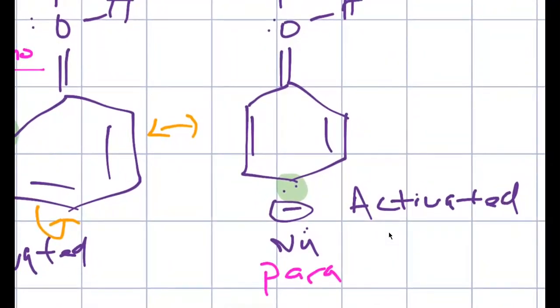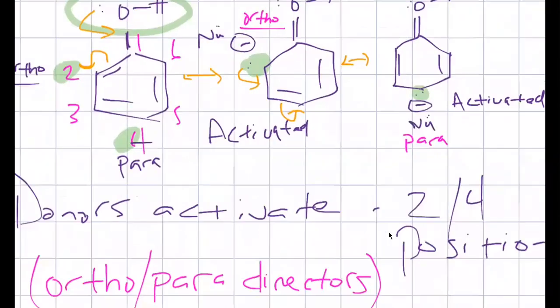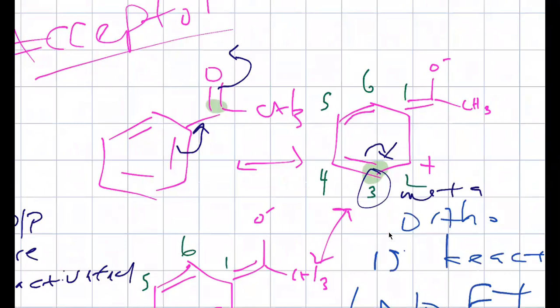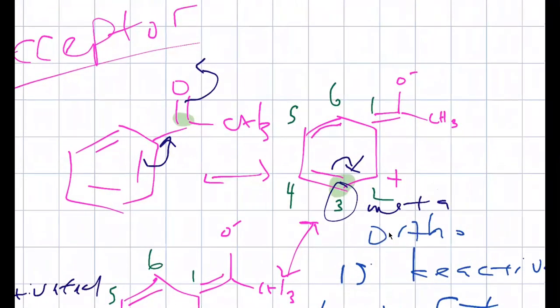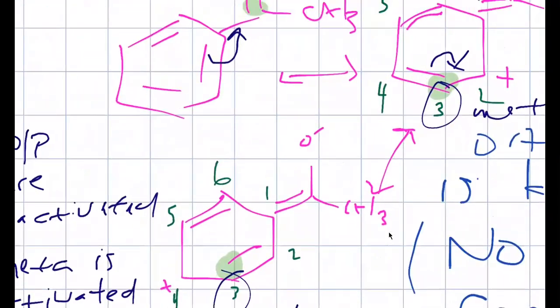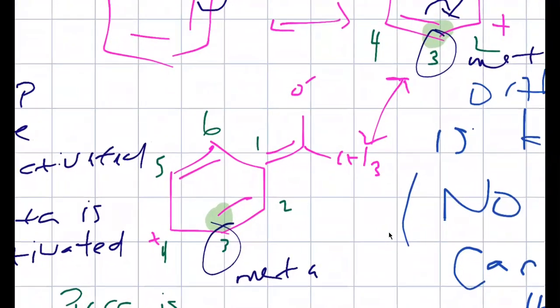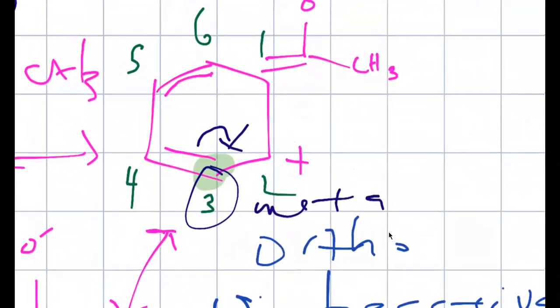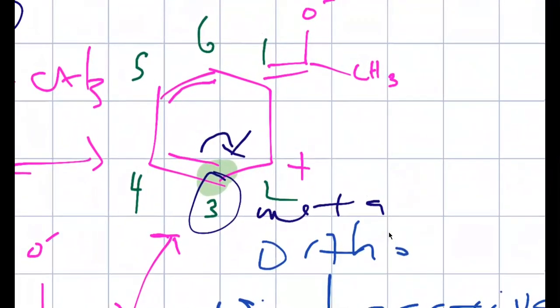And then we talked about the ring being deactivated by acceptors like carbonyls, right? Because they pull electrons out of the ring either through resonance or induction. But you can see at the ortho site for an acceptor, up here, there's a positive charge at the ortho site right here.